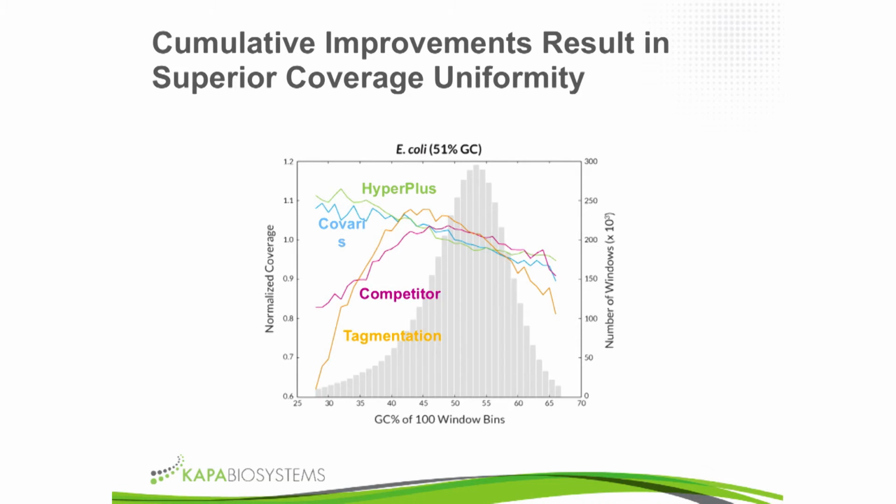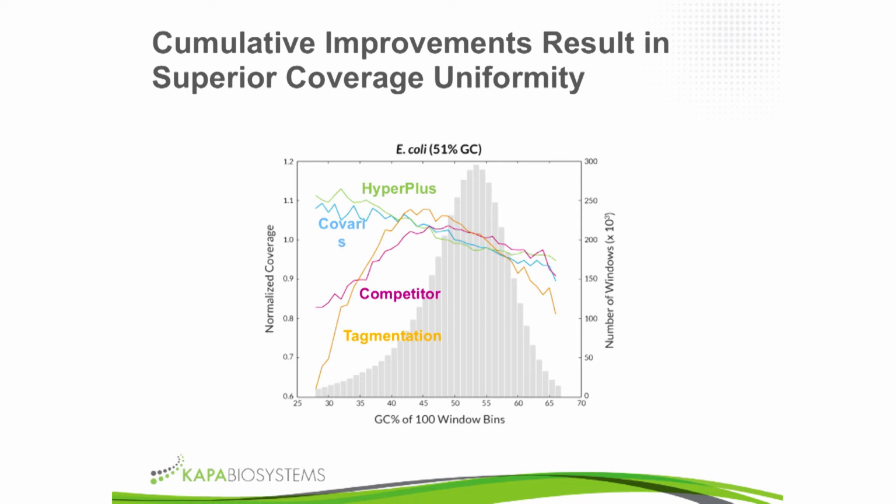Another example of the benefits of HyperPlus is evident when you look at GC bias plots. This data was generated during microbial whole genome sequencing of varying GC content organisms. And as you all know, you want to see a normalized coverage of 1 across all GC bins.